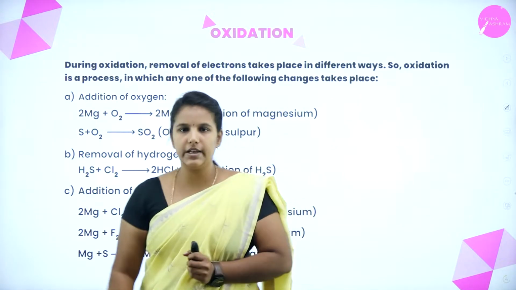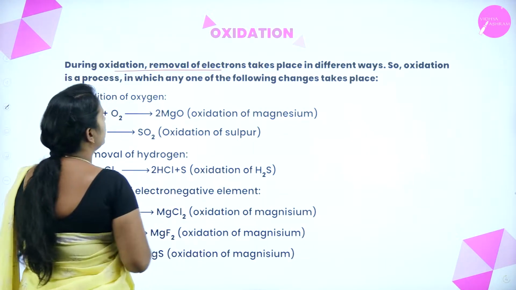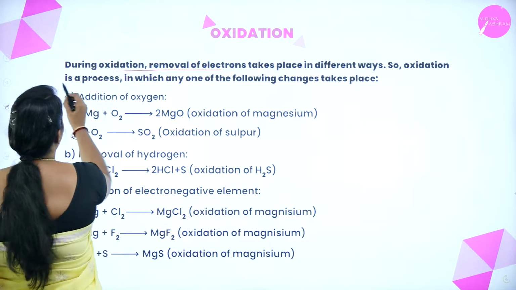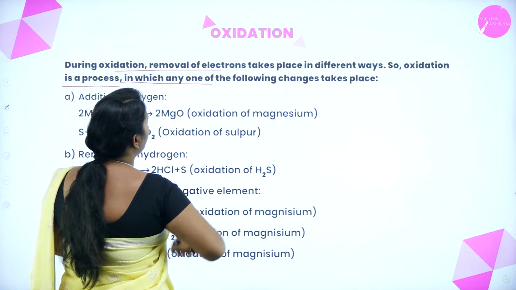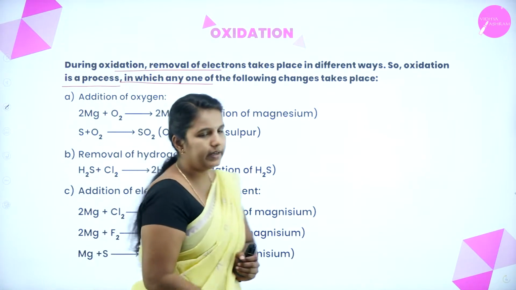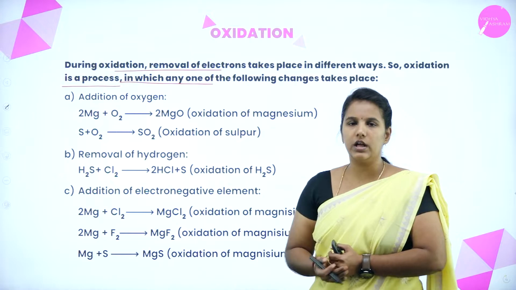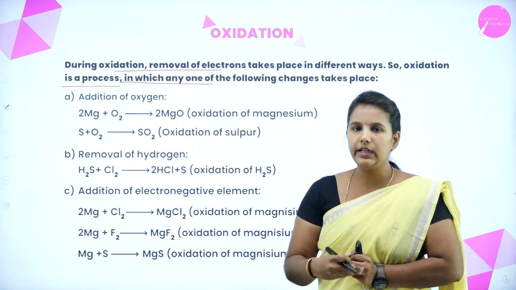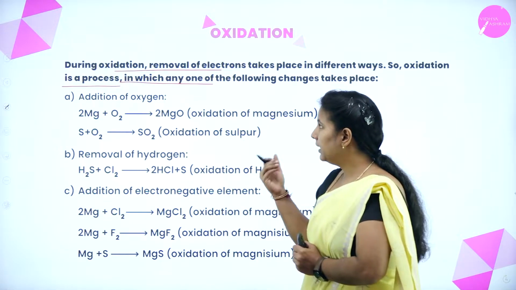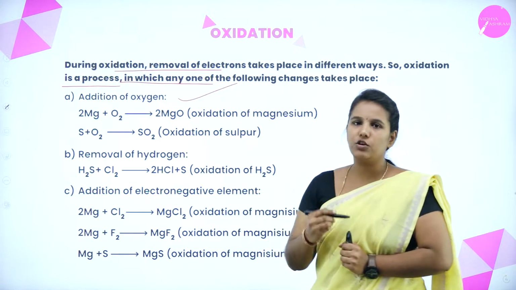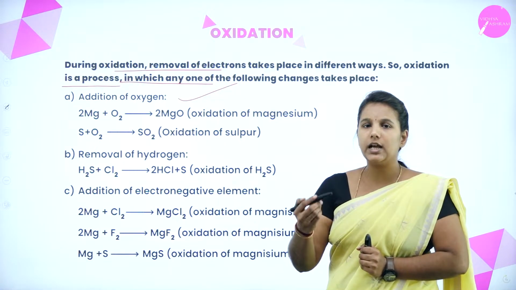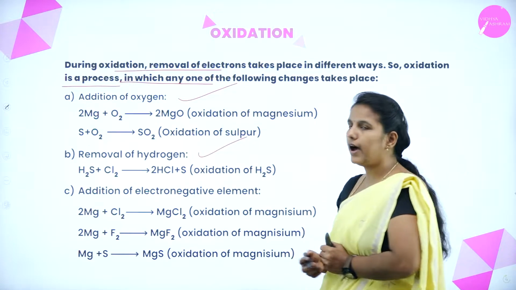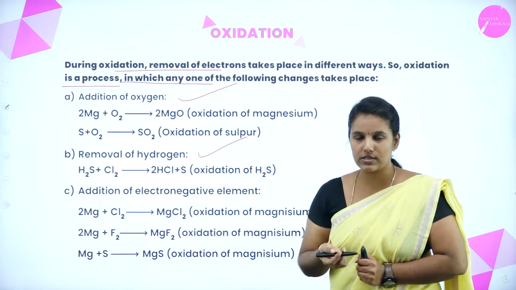During oxidation, the removal of electrons takes place in different ways. Oxidation is a process in which any one of the following changes can take place. Here I have listed a few different changes that take place during oxidation. In terms of oxygen, the addition of oxygen is known as oxidation. In terms of hydrogen, loss or removal of hydrogen is known as oxidation.